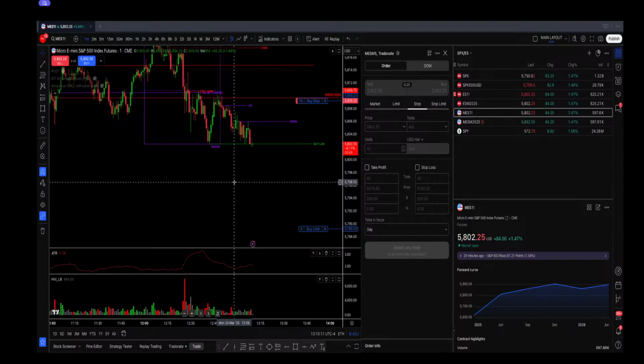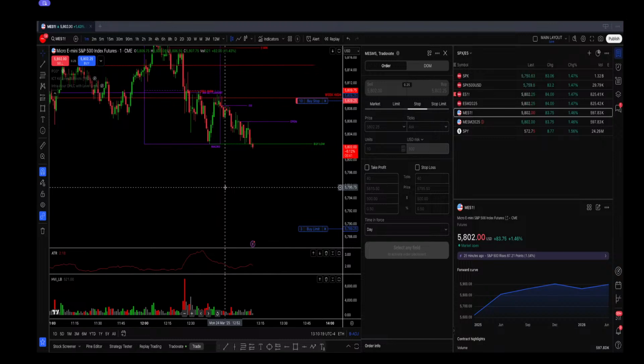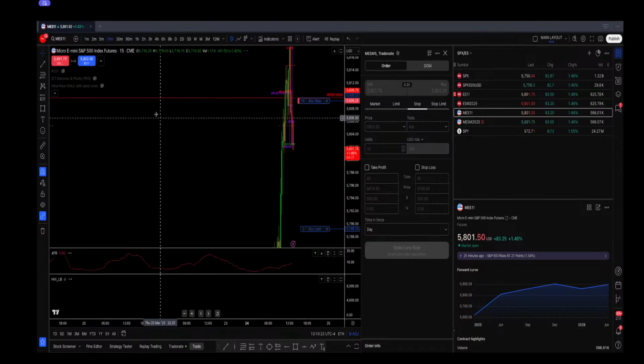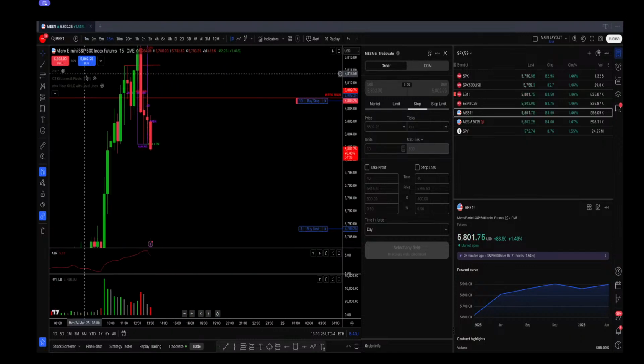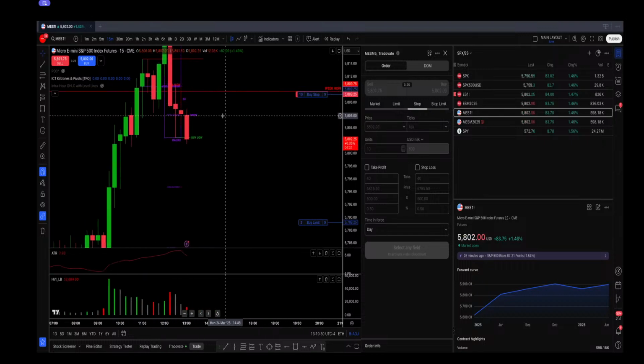Holding that. It's 28 ticks now. The next level of concern will be open interest.